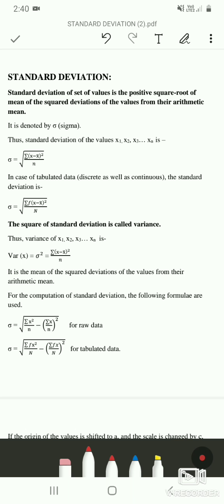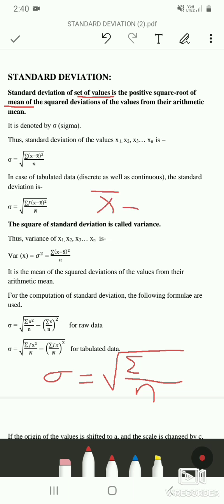So let us understand this definition step by step. What is standard deviation? Standard deviation is nothing but sigma. They have said standard deviation of a set of values, so let those values be x1, x2 and so on till xn. It is the positive square root of the mean. We know that mean is summation x upon n.